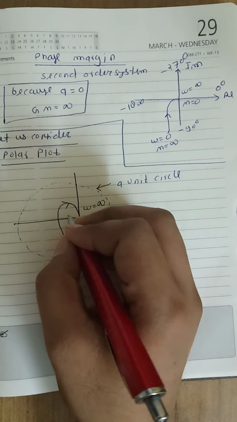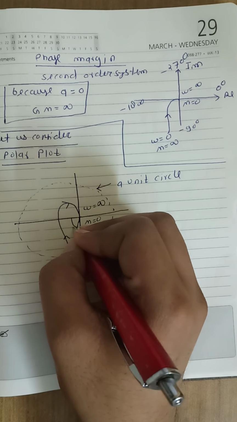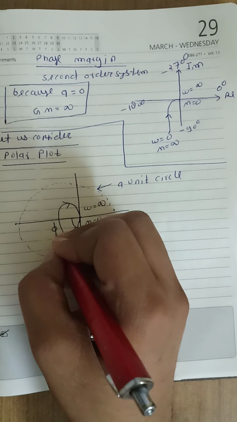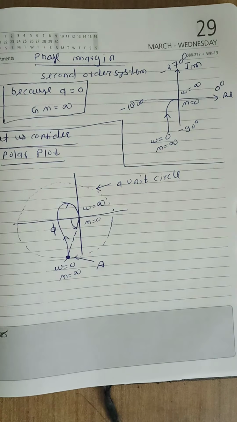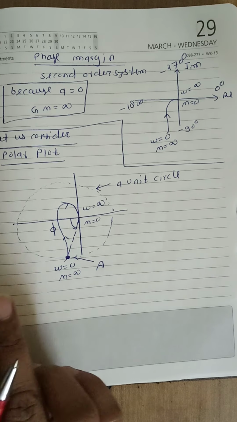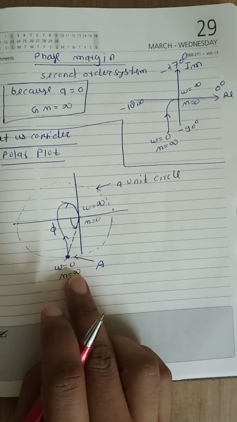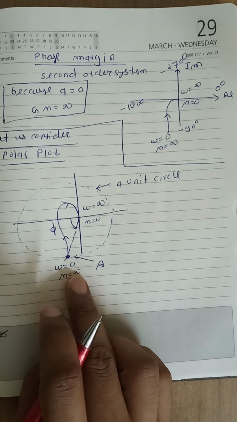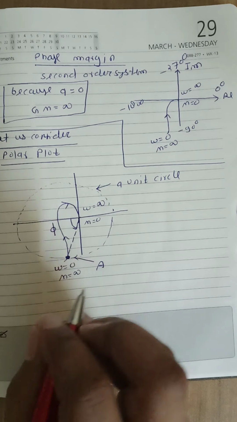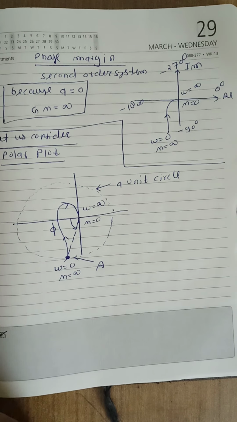Suppose this angle is phi. Now the frequency at which the magnitude of G(jω)H(jω) is 1 is called the gain crossover frequency. So here first we will define gain crossover frequency.